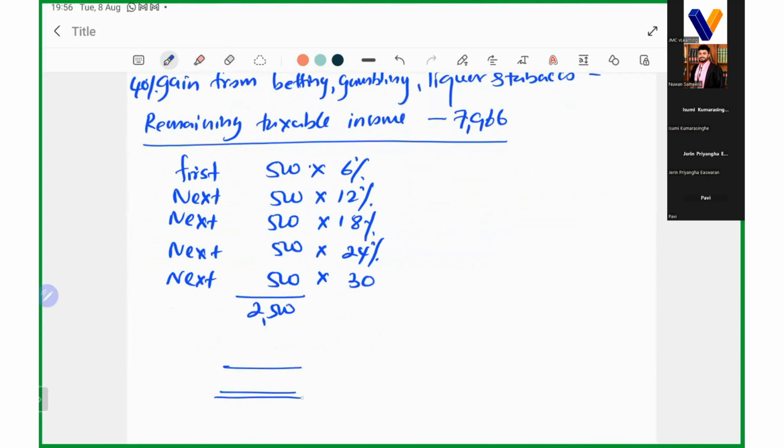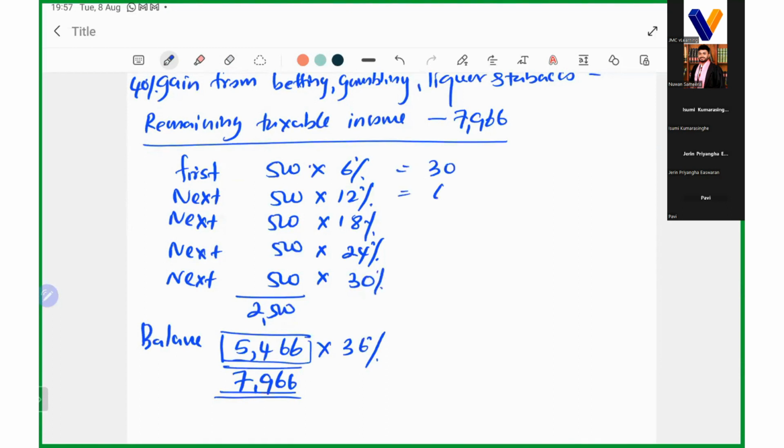Your total taxable income should be 7.966 million. So how much is the balance part? You can calculate 5,466. Sorry? 5,466. 5,466 into 36. So please calculate. Here 30, 60, 90, 120, 150.